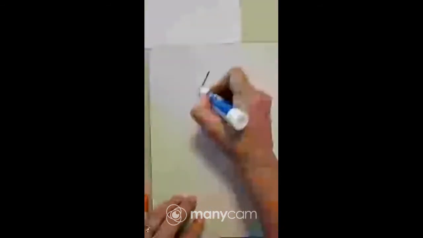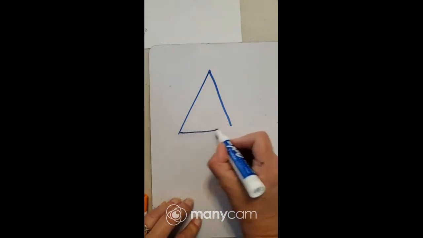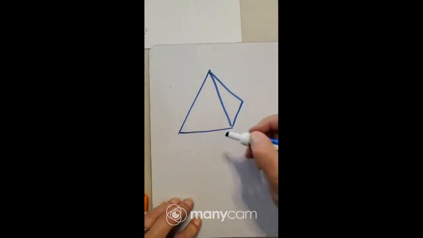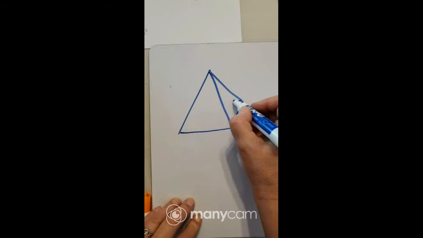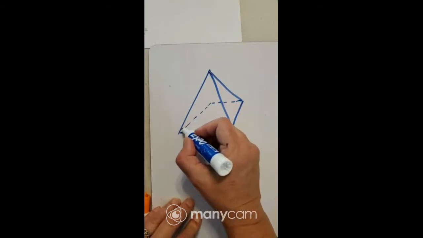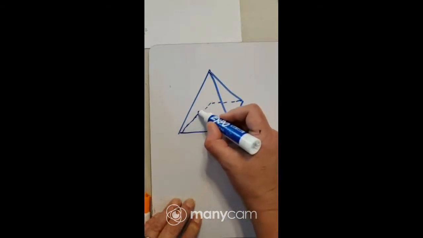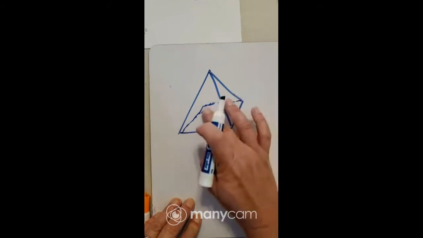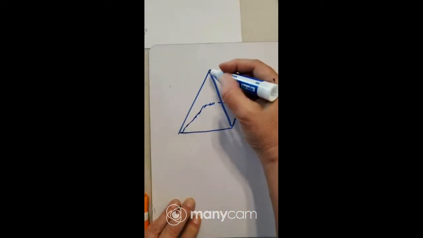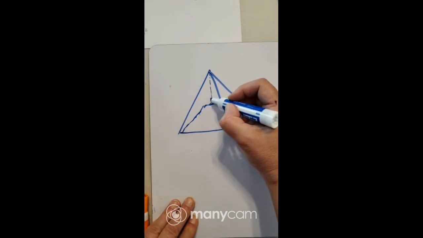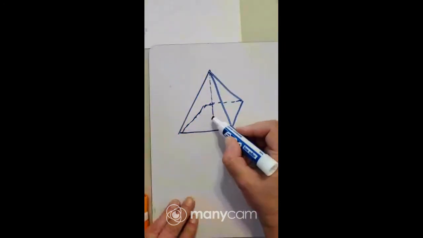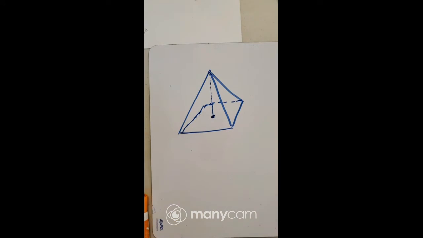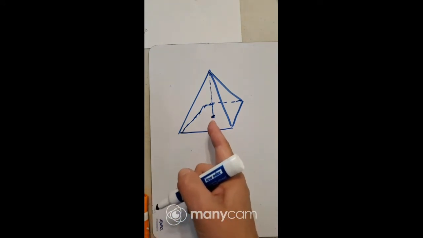Let me make this bigger, because this is important. There are two different kinds of height. This will come into play when you're doing much more complex geometry. The height that we use when we're finding the volume is actually right to the center, right here. That gets us the volume, that height.